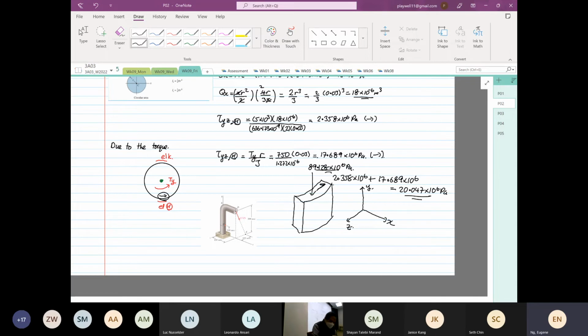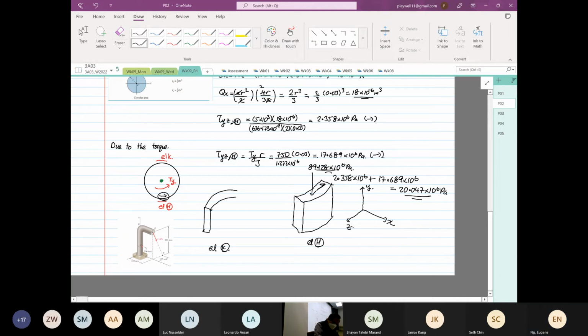It's the shear stress. So this is our element H. Right. I'm going to put this here, and we're going to do our element K. So element K will look like this. It's on the other side.